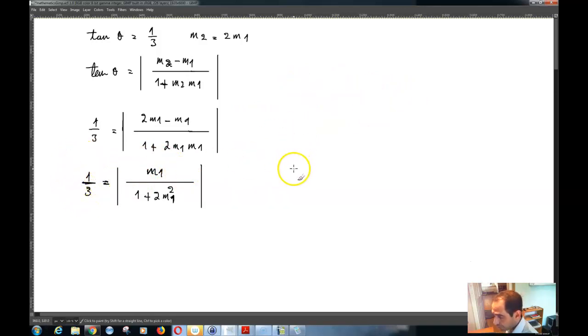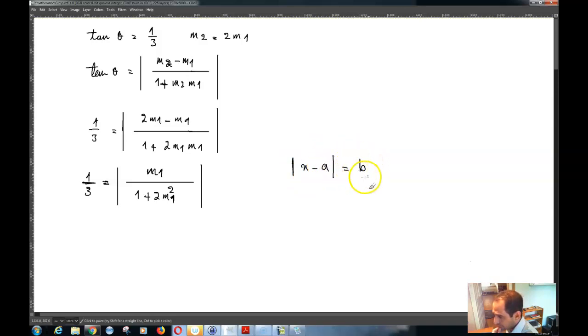For example, if I say that the absolute value of x minus a is equal to b, what I'm really saying here is that the distance between x and a is b.